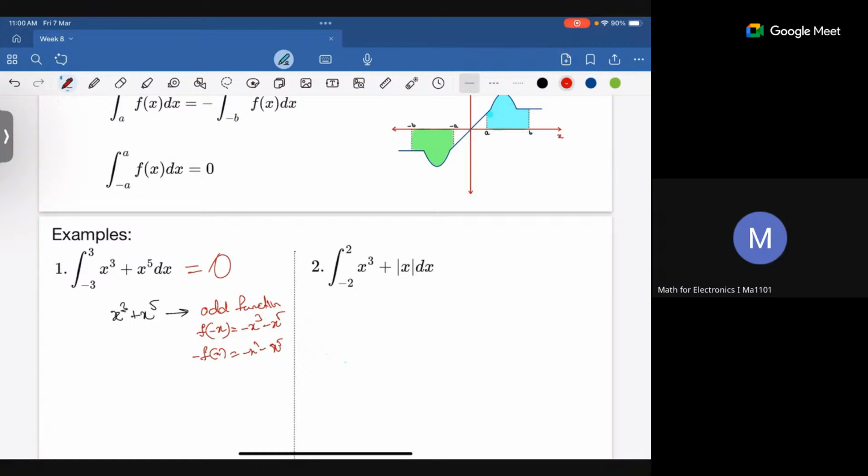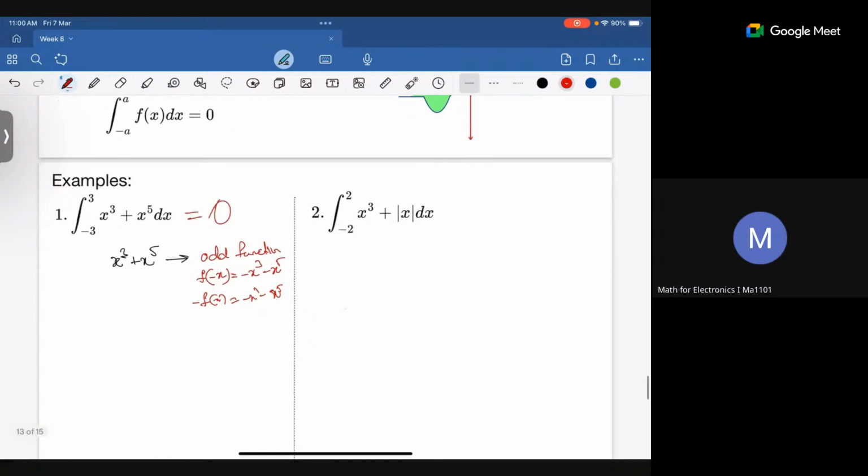Right. What about this integral? When a mod comes in, it may look very easy, but it can make our life very difficult. But if you see this, you can actually split this integral. You treat x cube as one function and mod x as another function.